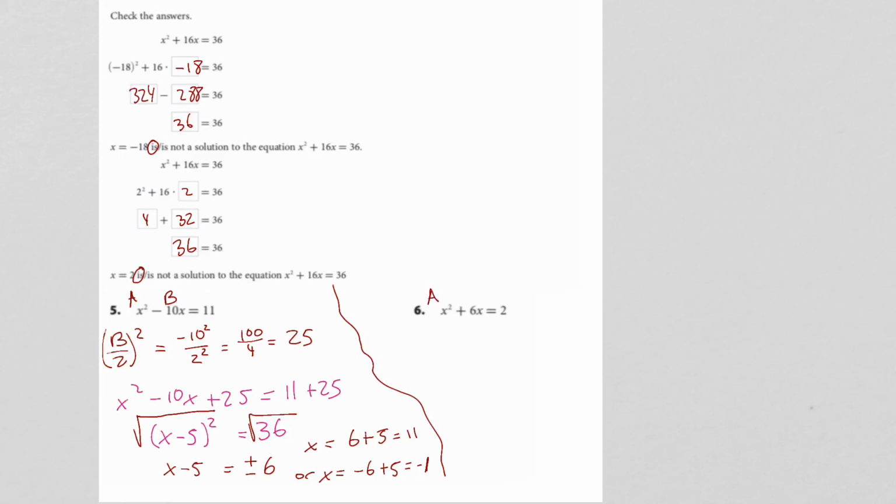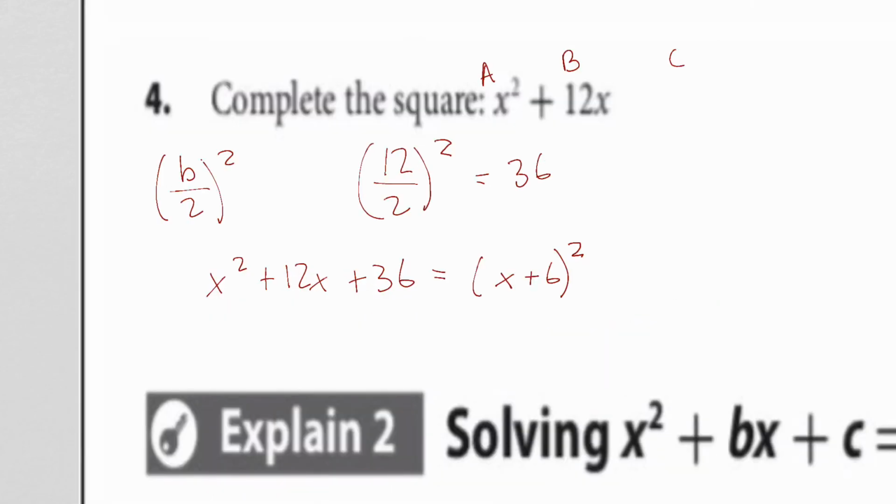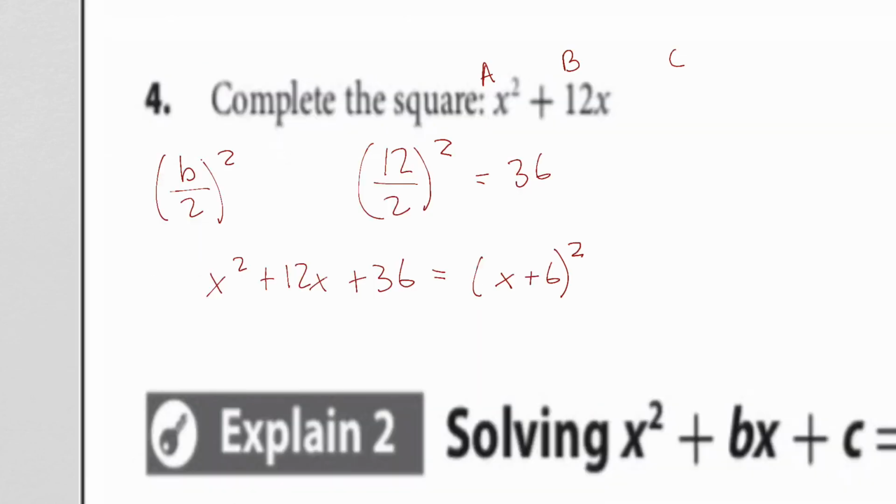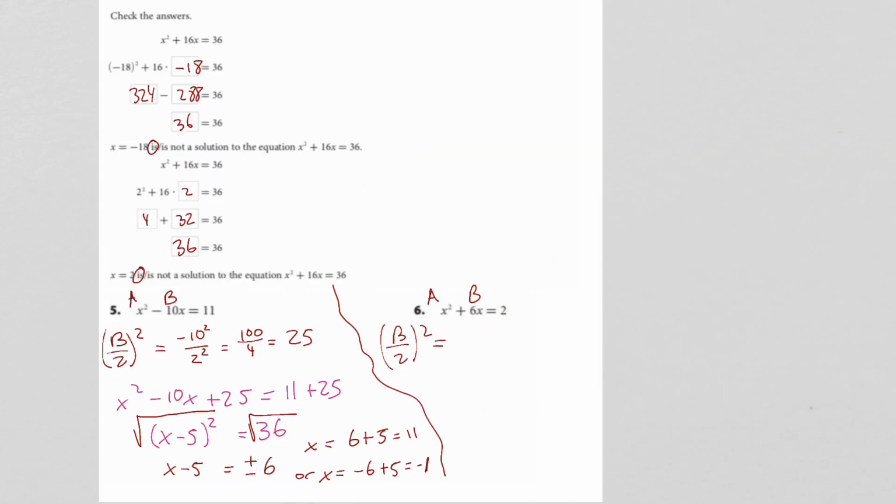One more example. A, B, take B, divide it by 2, and square it. Now you're engaged in the process of completing the square. Or my other name I like to call it was, what was it? Oh well, I'm sure it'll come to me. 6 divided by 2, what is 6 divided by 2?